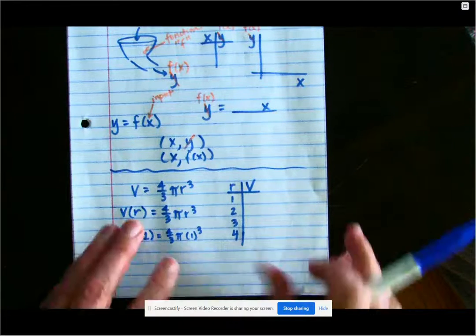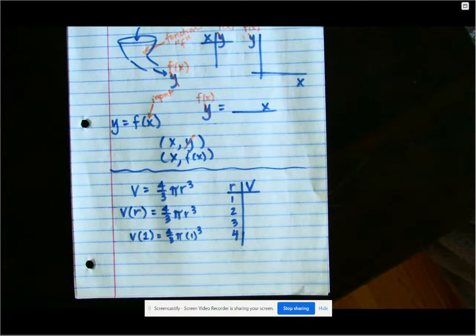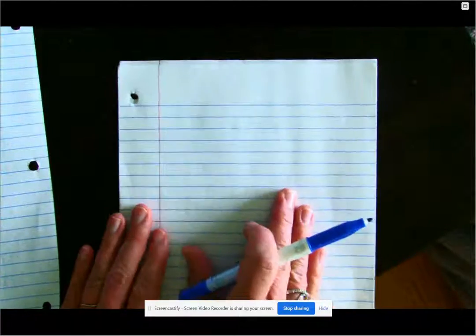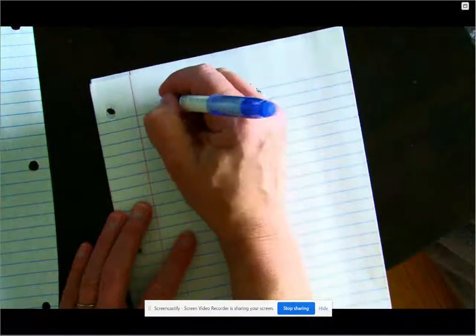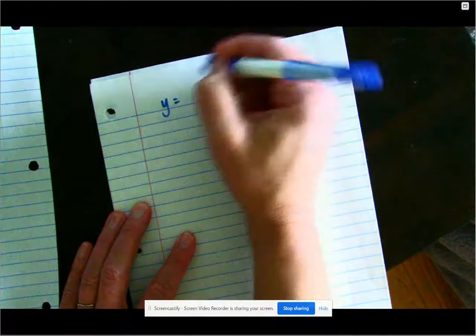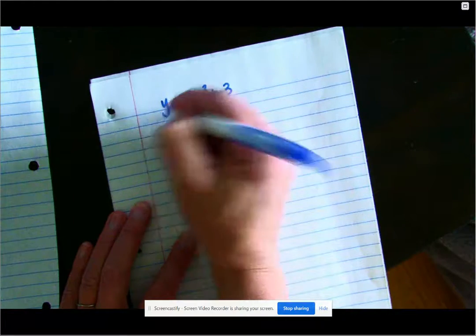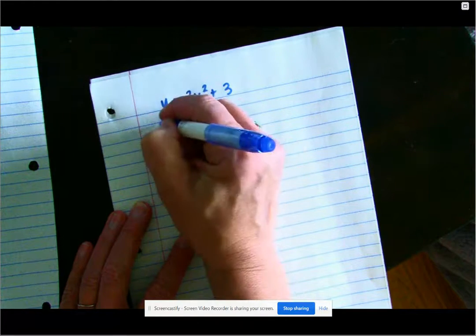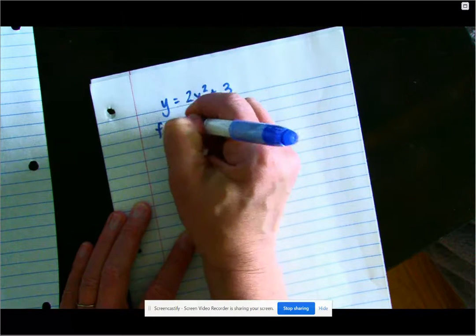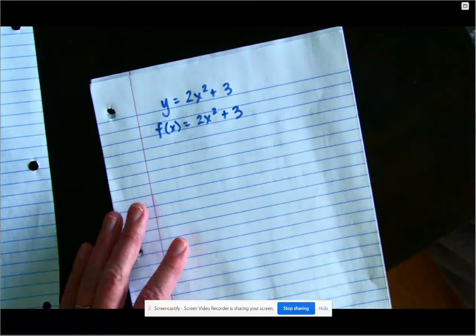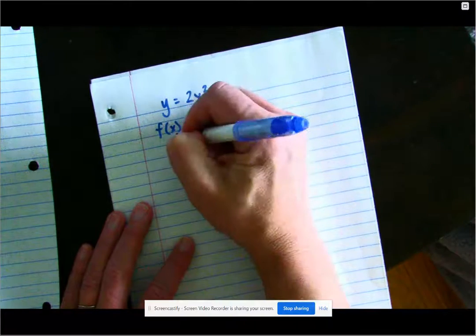Let's try something simple, and I promise we will be done. Let's try a simple parabola. Let's say we had y equals 2x squared plus 3. In function notation, we would say f of x equals 2x squared plus 3. This here is our input.